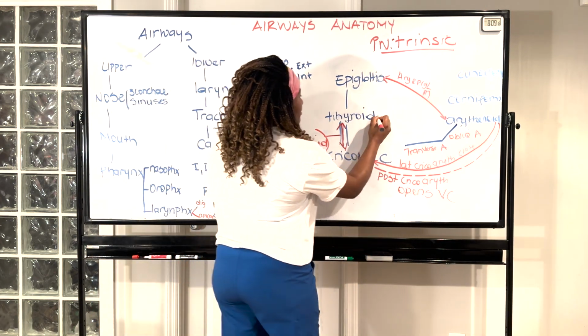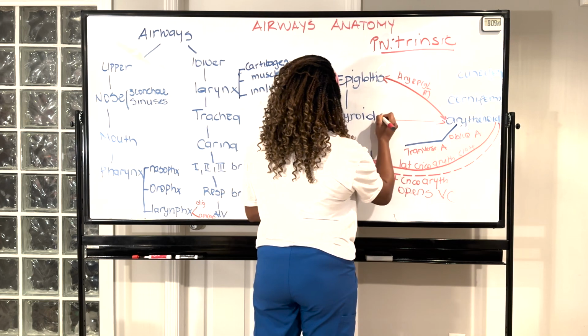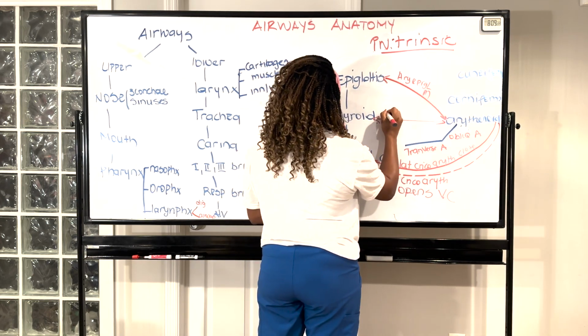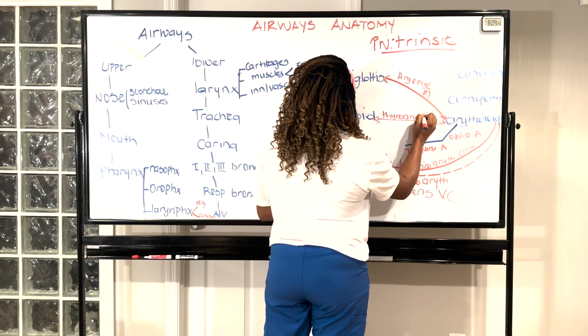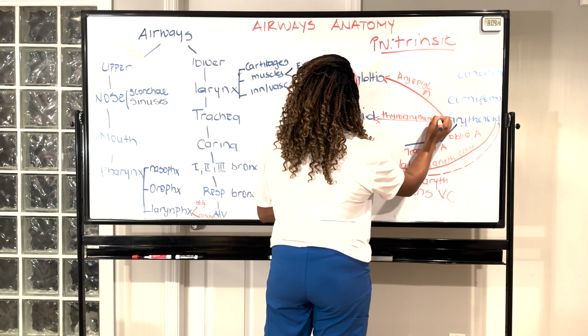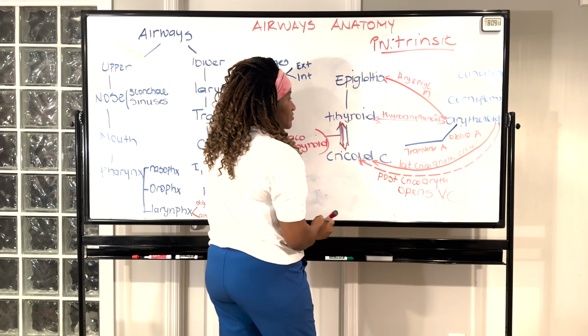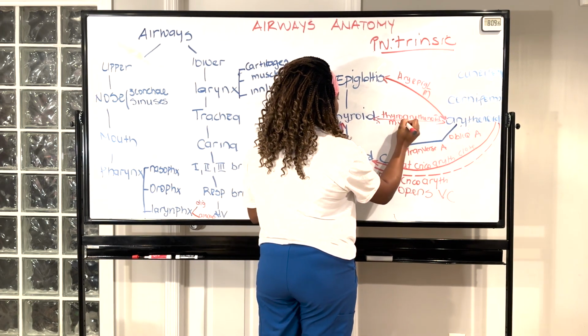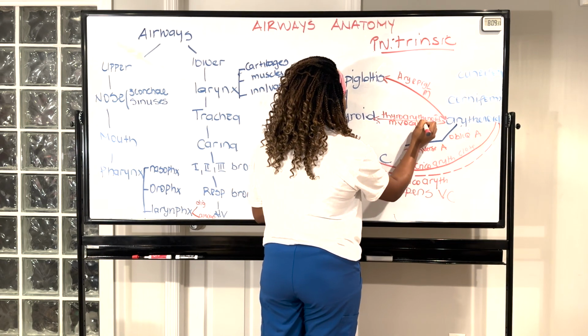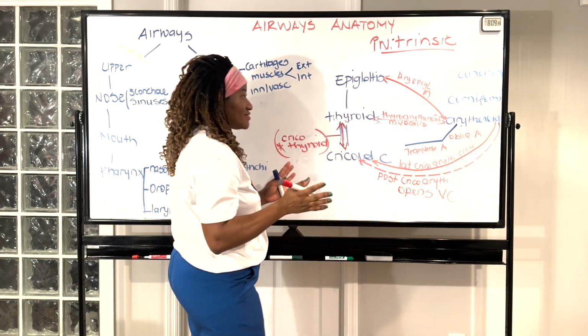Now we have the thyroarytenoid muscle. The thyroarytenoid muscle has a submuscle inside called the vocalis muscle that helps relax the vocal cord.